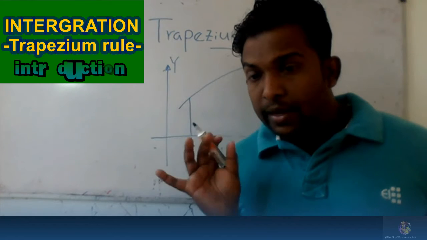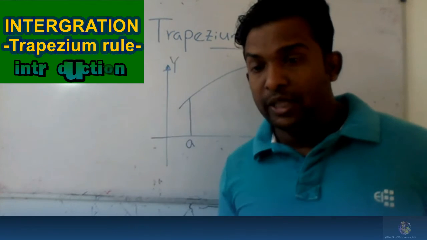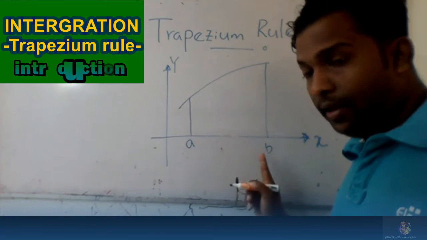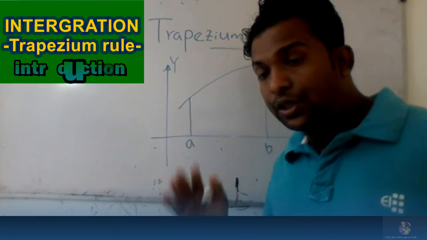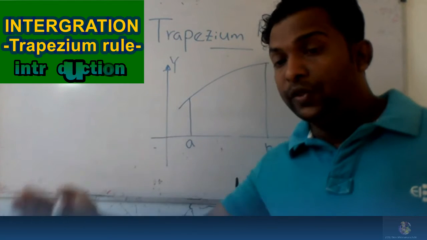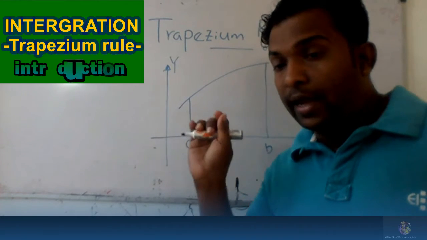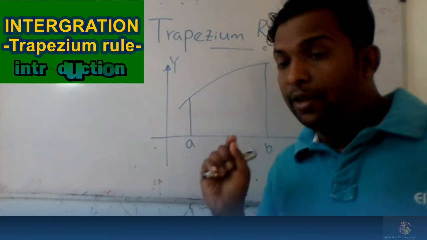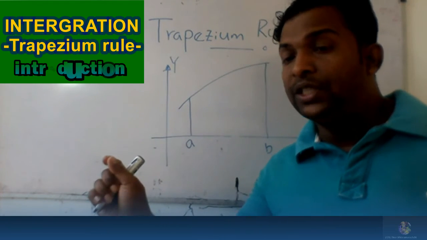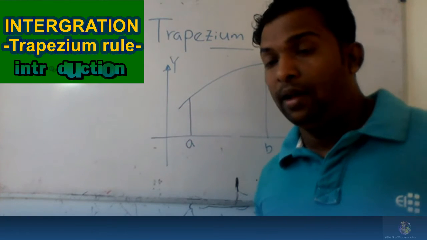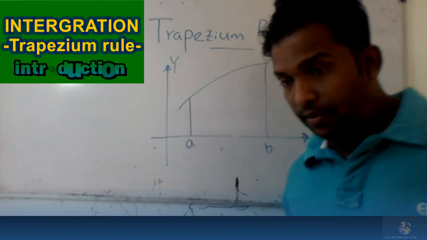In here, as I mentioned in that above sentence, we are dividing this area into strips. Now you have to remember, when the number of strips is high, the accuracy of the value you are getting for the area is high. If the number of strips is less, the accuracy for the area is also less, right?